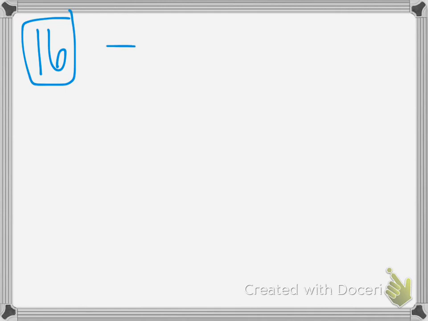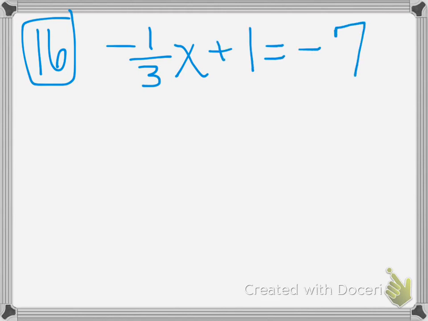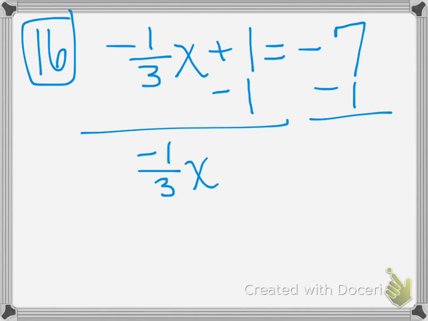Number 16 says negative 1/3 x plus 1 equals negative 7. I'm dealing with the left-hand side because that's where my x is. Subtract 1. When I subtract 1, I get negative 1/3 x. This zeroes out. Equals negative 8.